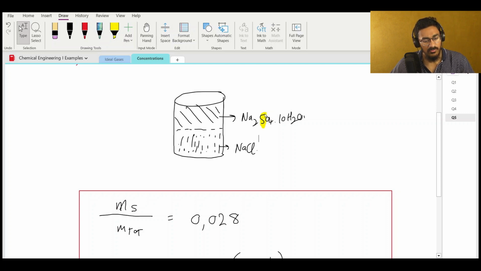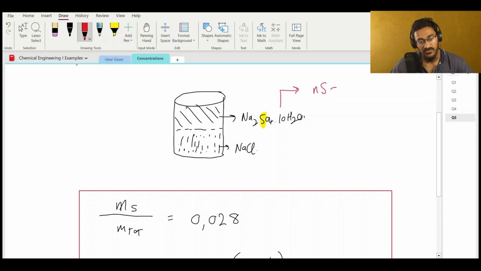If I know how many moles of sulfur I have, then for every 1 mole of sulfur that I have, I'm going to have 1 mole of these beautiful crystals which are surrounded by water. If I know the number of moles of sulfur, I will know the number of moles of sodium sulfate. And if I know the number of moles of sodium sulfate, I can get the mass of sodium sulfate. So let me write down my logic here, right? Okay, so let's do this.